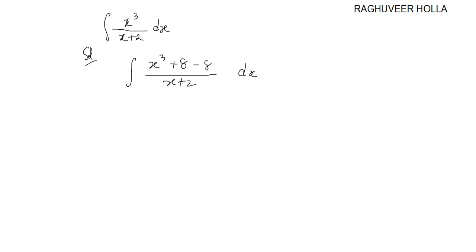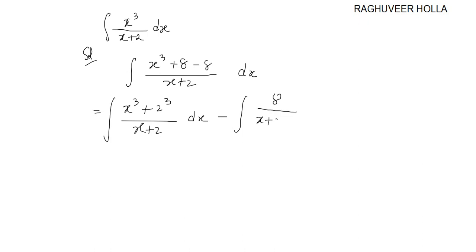Now further let me write this here. This is x cube plus 2 cube divided by x plus 2, dx. I am separating this, minus the integral of 8 divided by x plus 2 into dx.